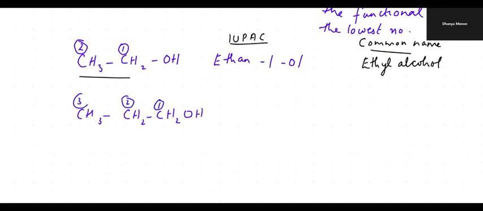So 3 carbon atoms, propane. The first carbon atom has the alcohol, ol, and I remove this E because E and O are coming near each other. What is the common name for this? Propyl alcohol.